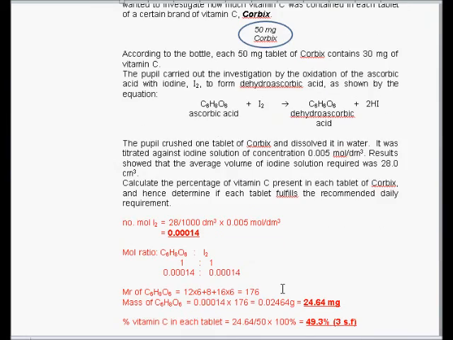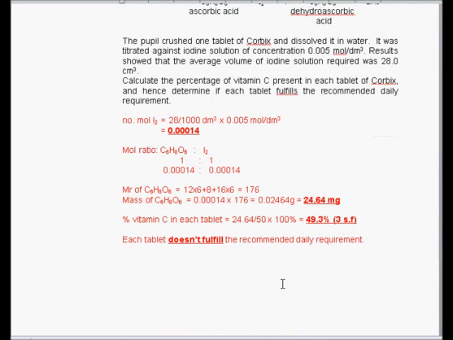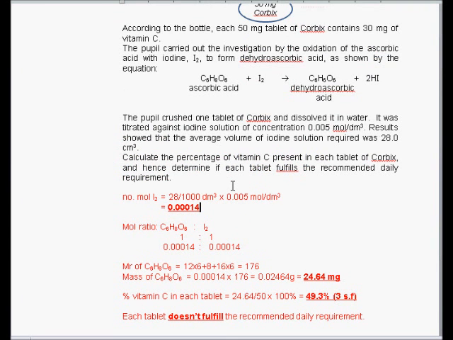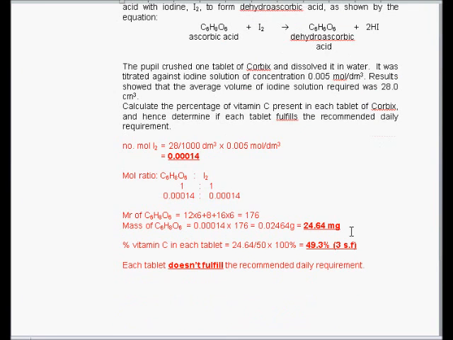And finally, for the last part, the calculation to find out the percentage of vitamin C in each tablet. There is 1 mark for the number of moles of the iodine. Then after that, the mass of vitamin C, 24.64 milligram.